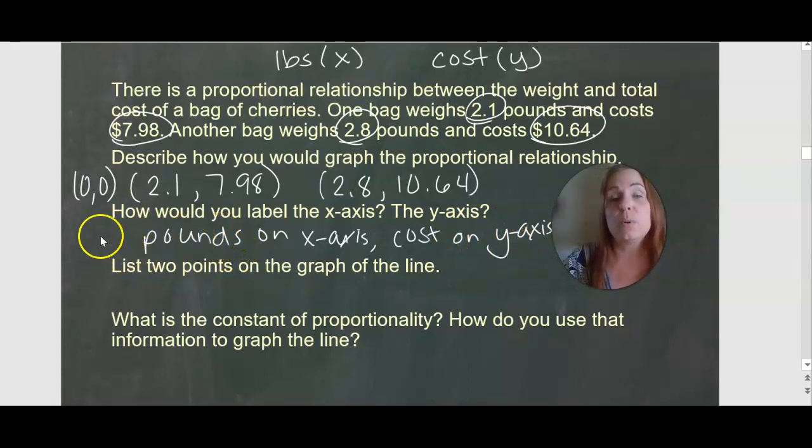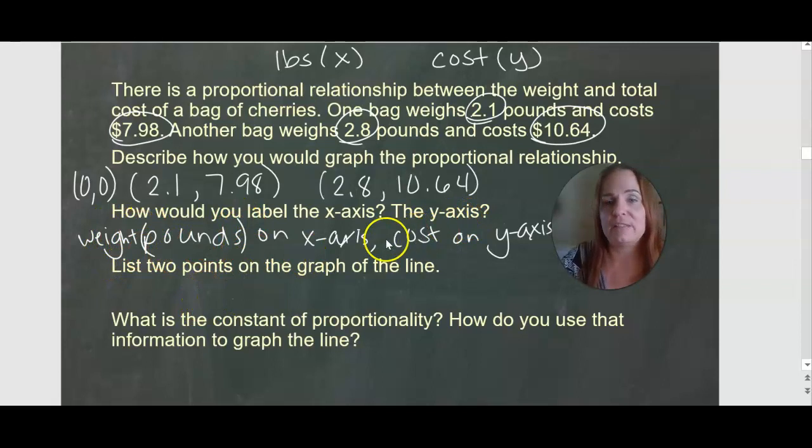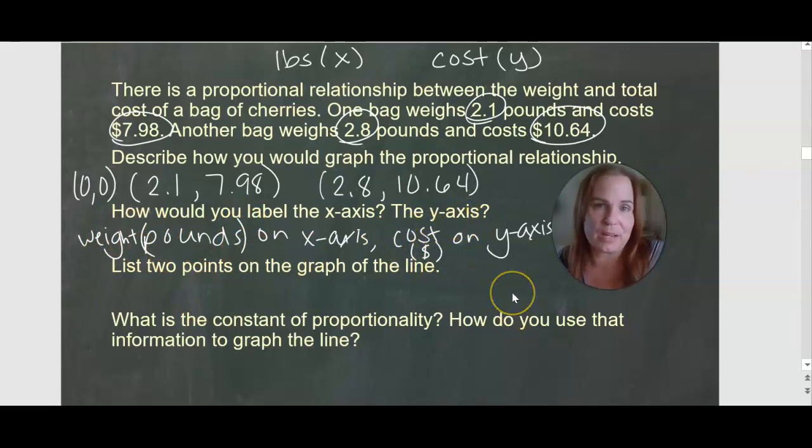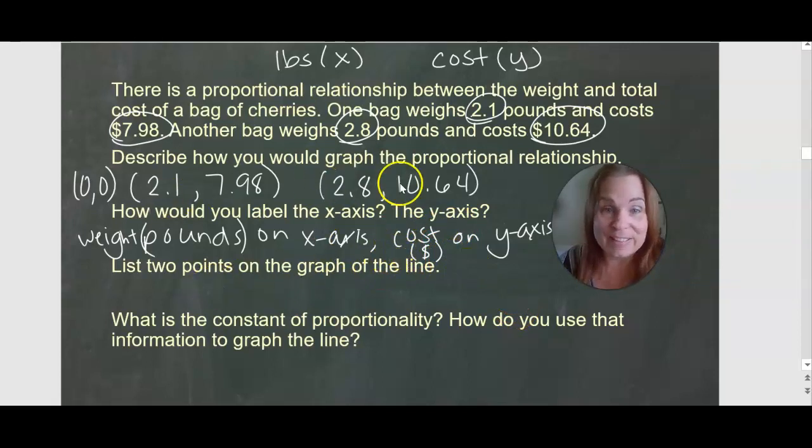Or actually, you could put weight, and then in parentheses, you could put pounds. And for cost, and then in parentheses, you could put dollars, right? Then list 2 points on the graph. I already did that, right? So you could just recopy those points, but we listed 3 points on the graph actually.